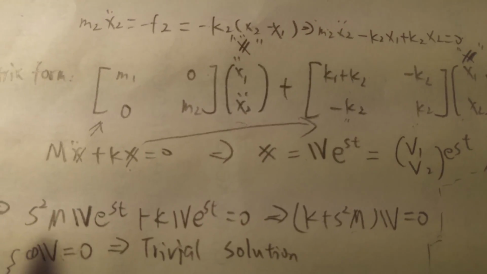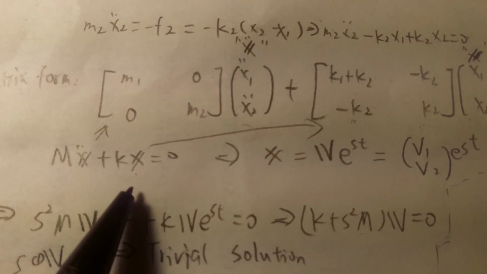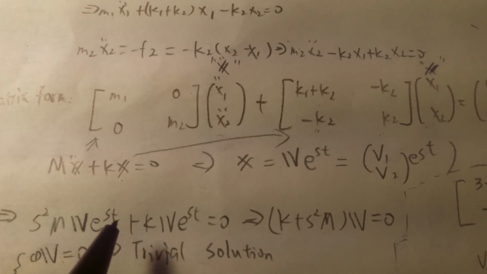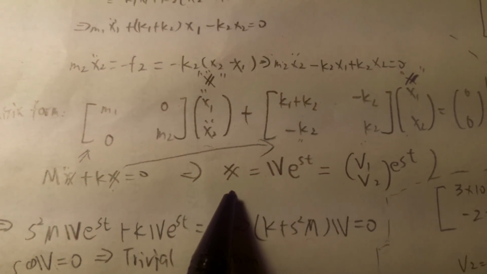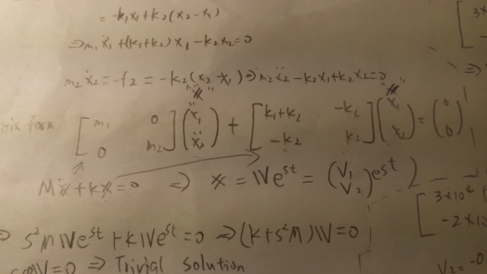So we get M x double dot plus K x equals 0, and then we can find x equals v e to the st, as shown here.